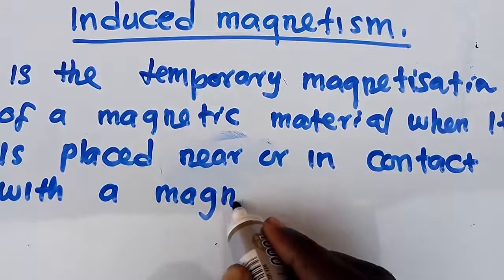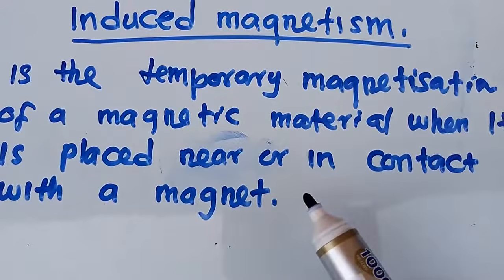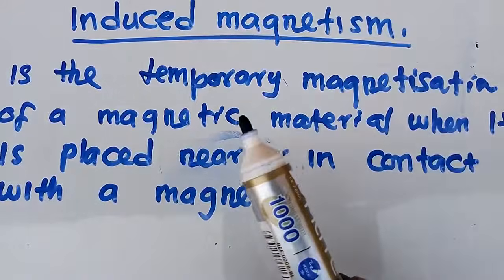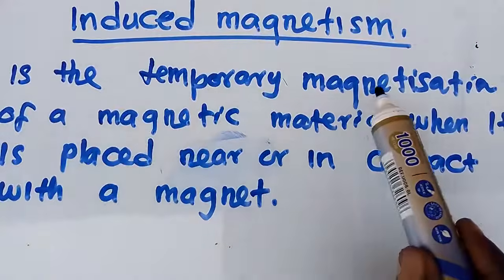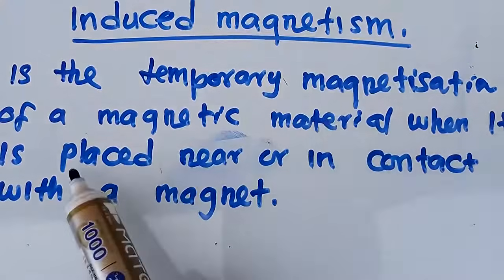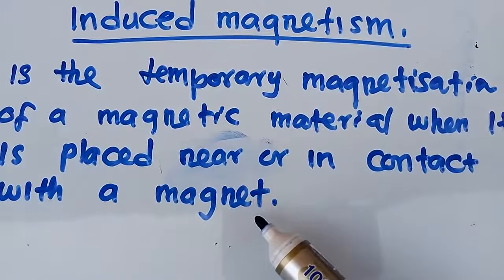So this is the definition of induced magnetism. What is induced magnetism? Induced magnetism is the temporary magnetization of a magnetic material when it is placed near or in contact with a magnet. This is what you need to understand.